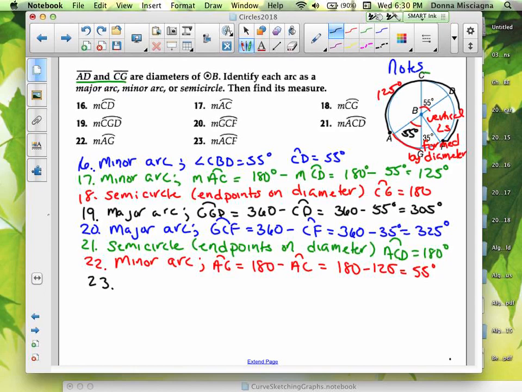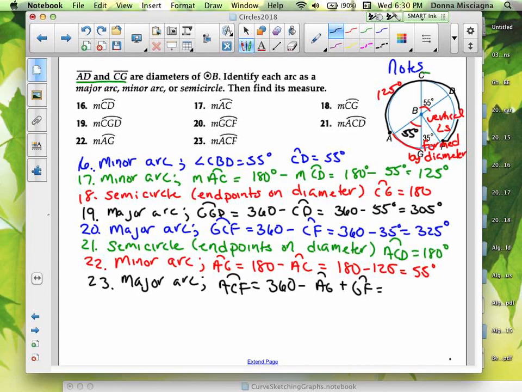Everything but those 2 little arcs there, the 55 and the 35. That is a major arc. And ACF is going to be equal to 360 degrees, the whole circle, minus AG plus GF.